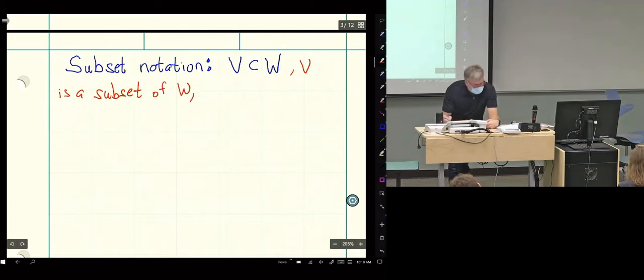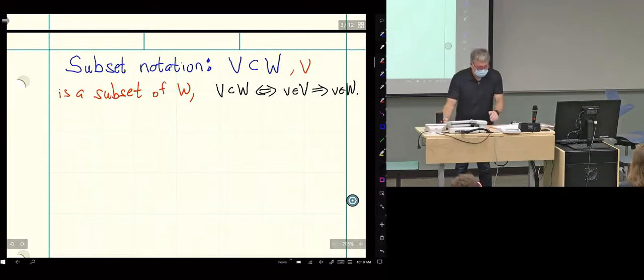Okay. So V is contained in W, is a subset of W, if and only if an element of V always implies that it is an element of W as well. Okay, so that's the definition. That's what V subset W means. Every element of V is also an element of W.